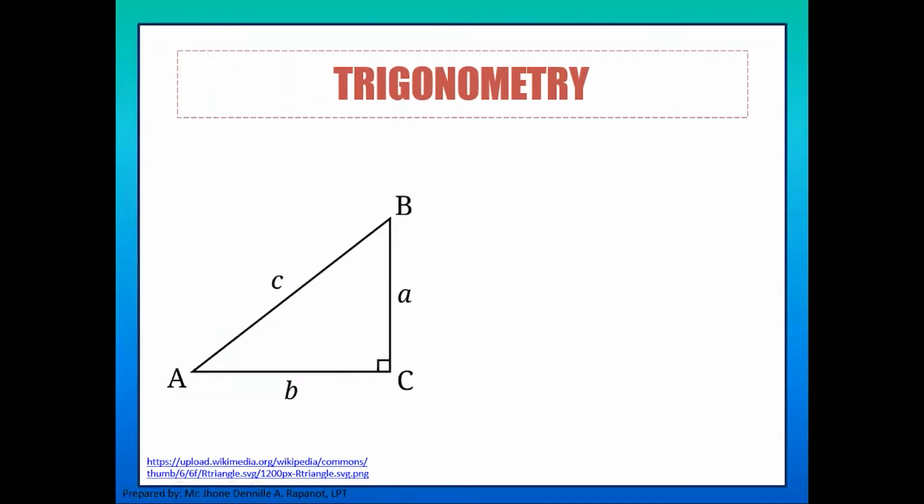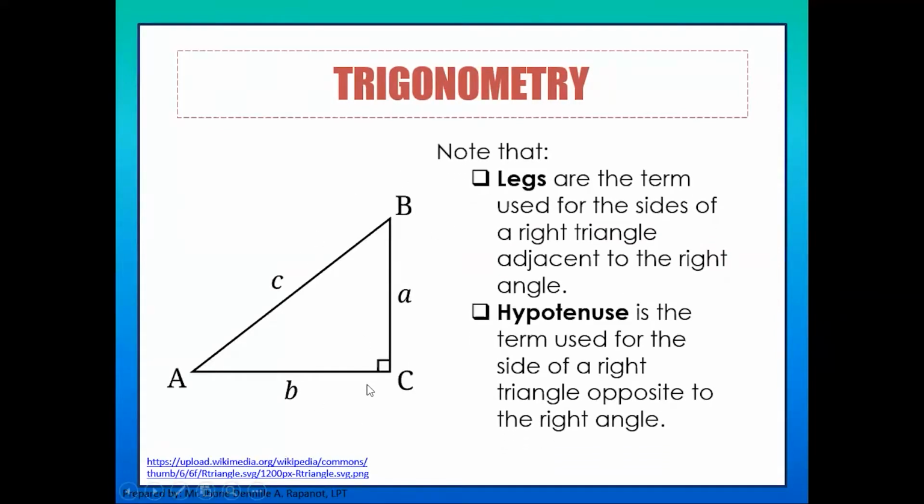Now, to further intensify these parts of a given right triangle, we have to note that legs are the term used for the sides of a right triangle adjacent to the right angle. So, using this illustration, we can say that the legs are A and B because these sides are adjacent to this right angle.